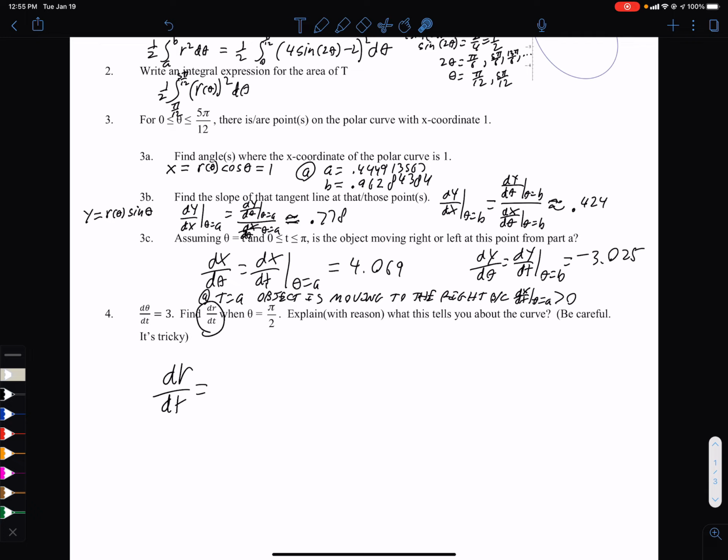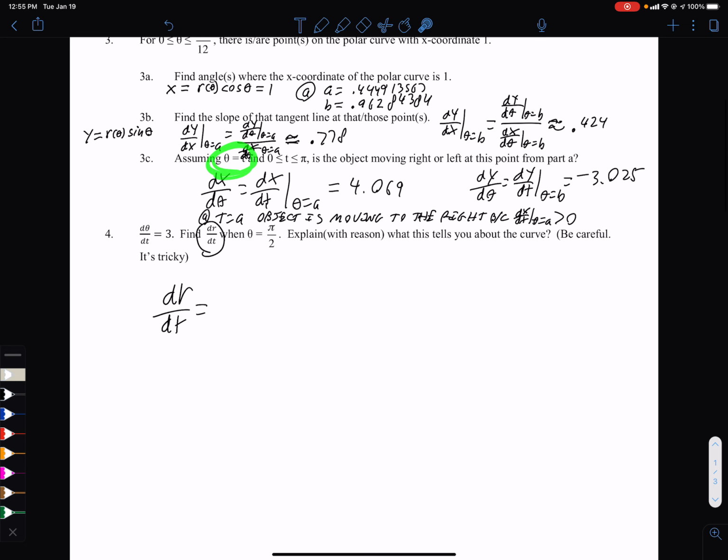Now we know that theta and t are the same thing, so dr/dt, well actually we don't know that. That was for problem 3. We can get dr/d theta, and we're given d theta/dt. You can see in a chain rule that's going to give us dr/dt.